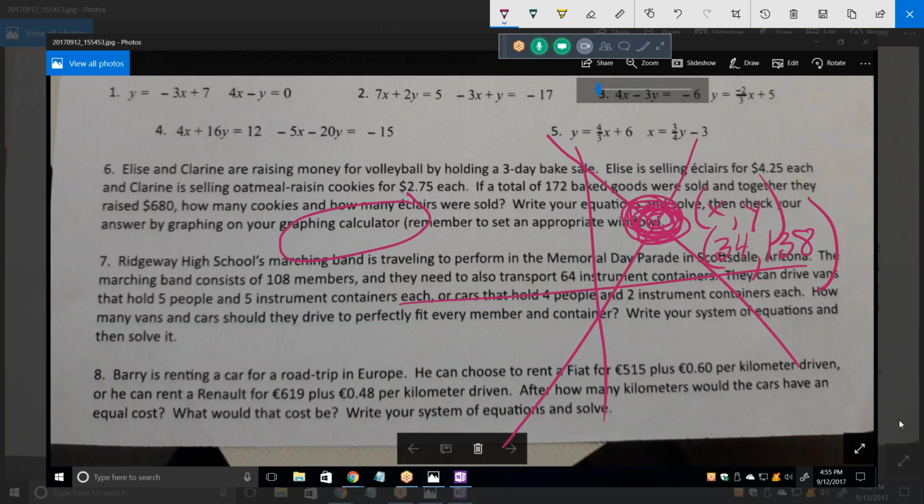There was one problem with that solution. I don't know if you noticed it or not. No, there wasn't a problem. I'm sorry. Had we come out with x of 34.5, that would have been suspicious. How do you sell half a cookie? So we knew that x and y needed to be whole numbers.